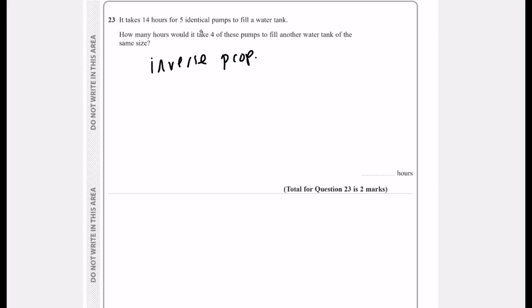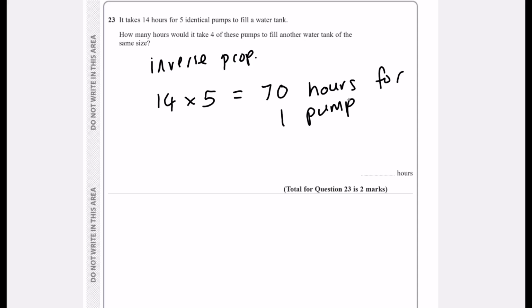So it takes 14 hours for 5 pumps. If we do 14 times 5, which is 70 hours, it will take 70 hours for just one pump. So if we just had one pump, that's 70 hours. We've got 70 hours of work to be done.